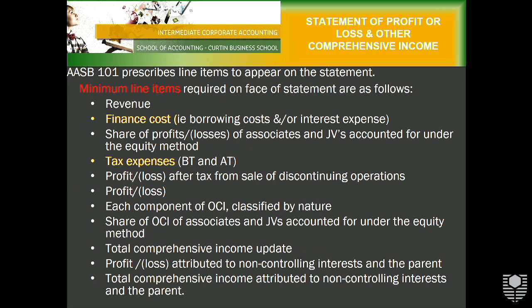As I said before, your minimum line item requirements with your P&L, you must show your finance cost and your tax separate. Then you've got your other core groups of revenue and different expenditure groups.